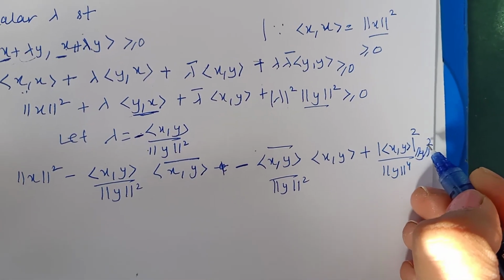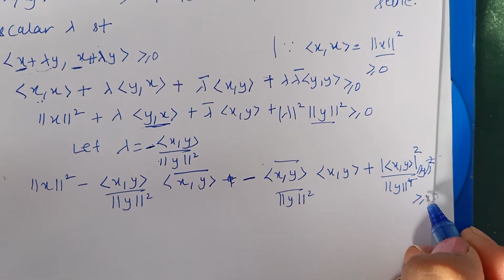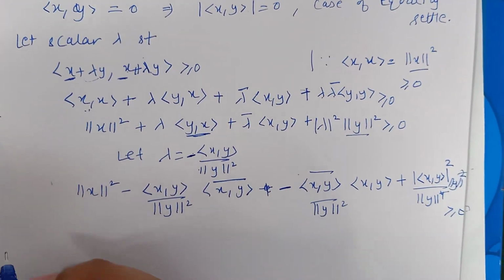So this norm of y square would go, and we'll be left with norm of y square in the denominator.